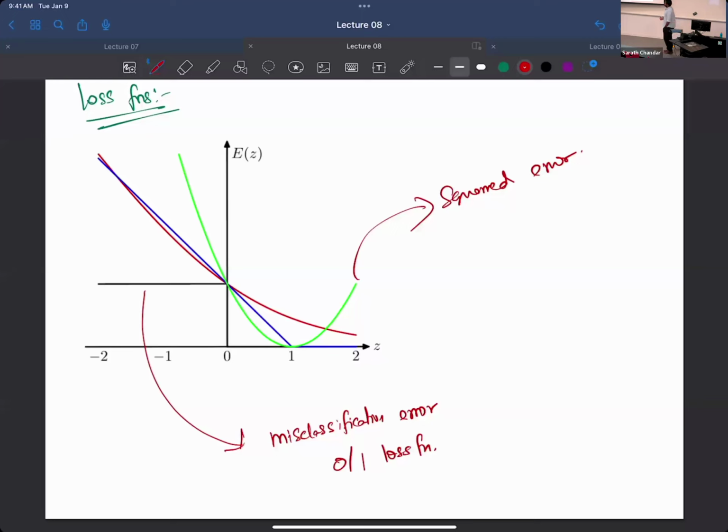What about blue? When things are correctly classified, the error is 0, and when things are wrongly classified, the error looks like a line. So this is hinge loss. And the red that you see here is the logistic regression error.